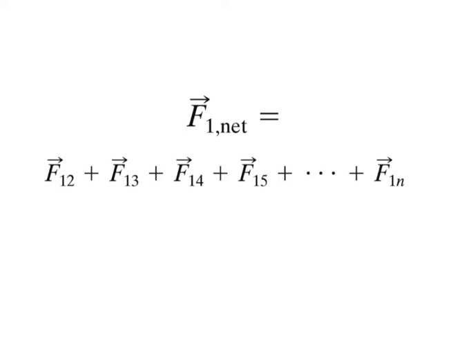So let's state it in words. If you want to know the net force acting on a chosen charged particle that is surrounded by other charged particles, first clearly identify that chosen particle and then find the force on it due to each of the other particles.